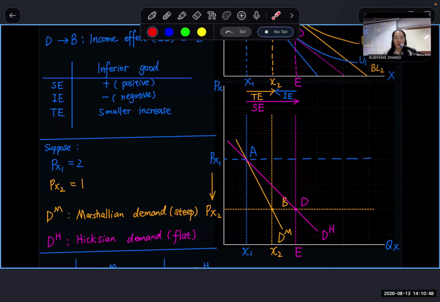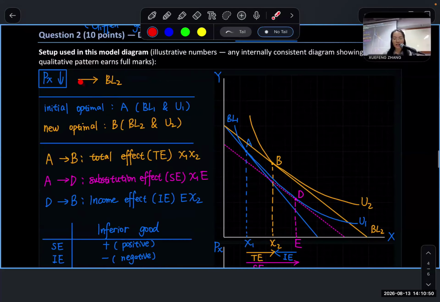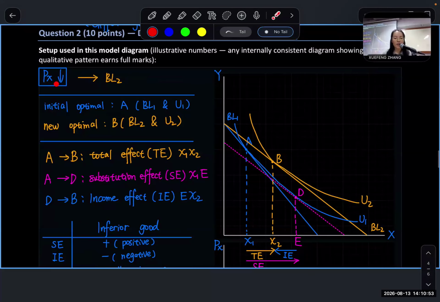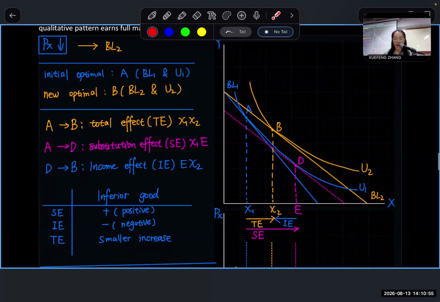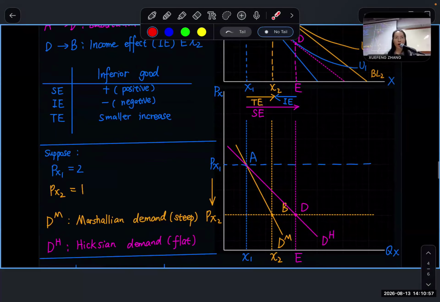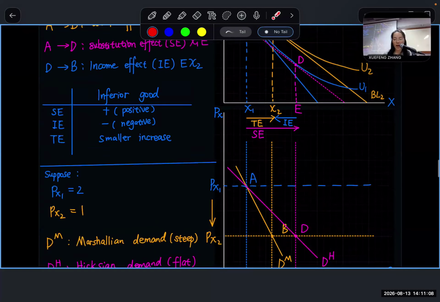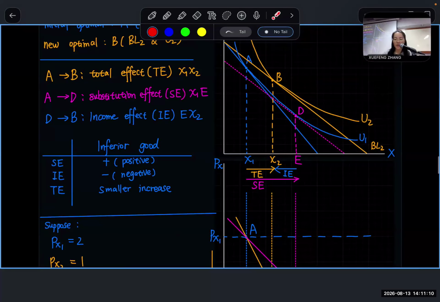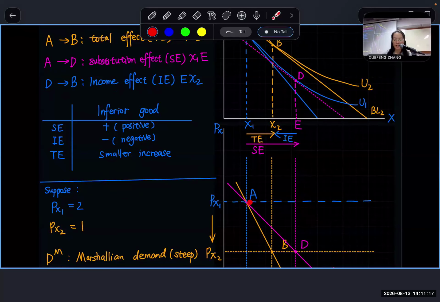And one more thing for this one. Because the question said the price of X decreases, that's why I have PX1, PX2. From PX1 to PX2, the price of X decreases. That's why for point A, you mark it from this one until this line. It only intersects with price X1.